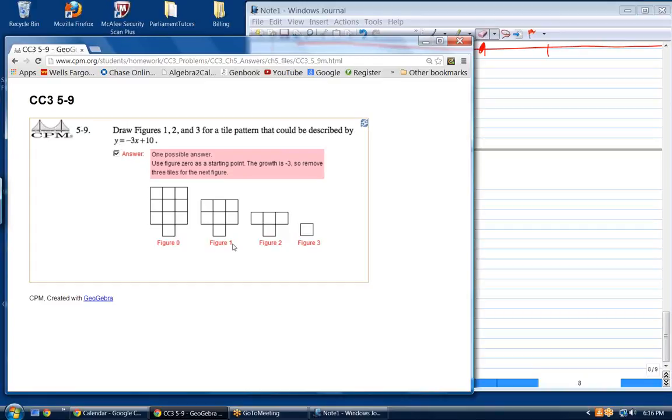When x is 1, y equals 7. What this represents is that if we plug in for x this 0, 1, 2, or 3, we get the number of tiles that are going to be in this thing. Notice if we plug in 3, there should be 1 tile. Minus 3 times 3 is minus 9 plus 10, that's 1. So these tiles represent this pattern.